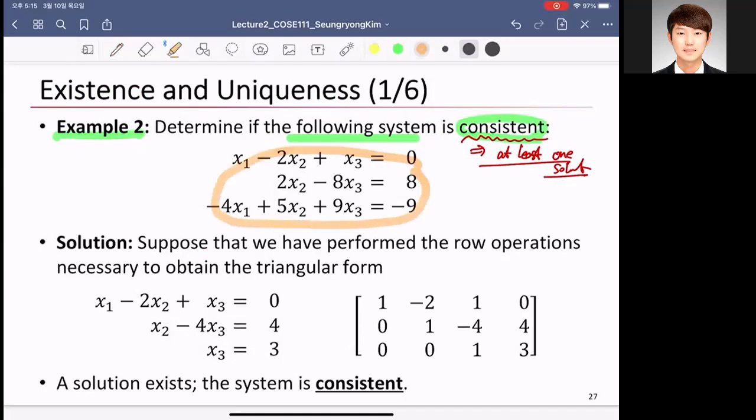Okay, so this is our original linear system, right? In fact, we already saw this linear system in our previous example. We already solved it in example 1. So we already know this one can be reduced to this kind of linear system, right?